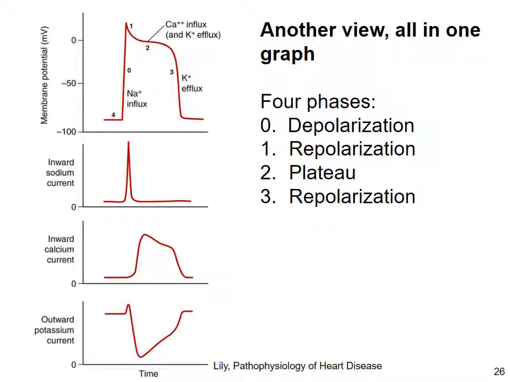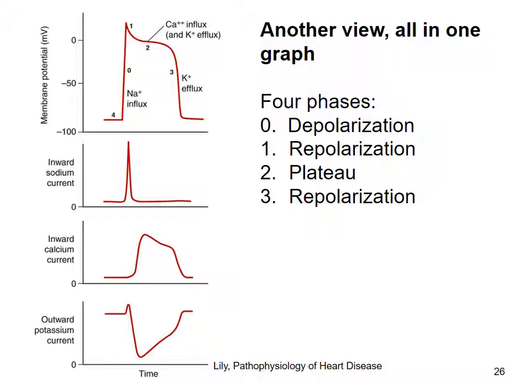Okay, so we can look at this in the same way, but with breaking down the different components here. We have an influx of sodium current right at the start here that will cause the intracellular membrane potential to go closer to the plus 40 region. So that's the depolarization phase.